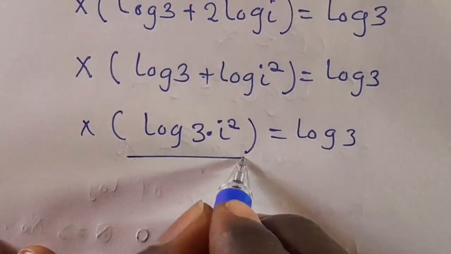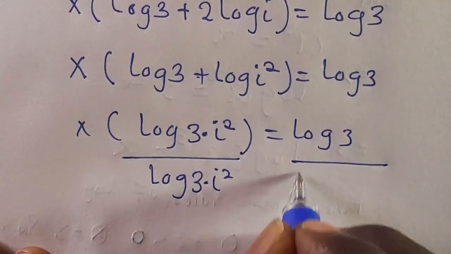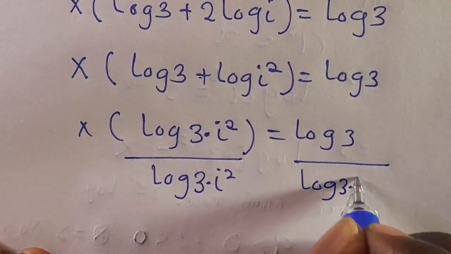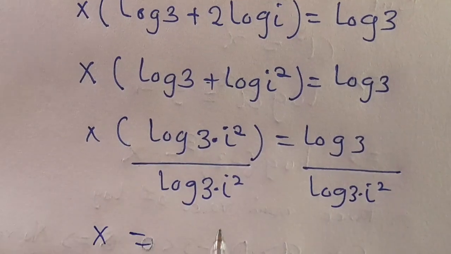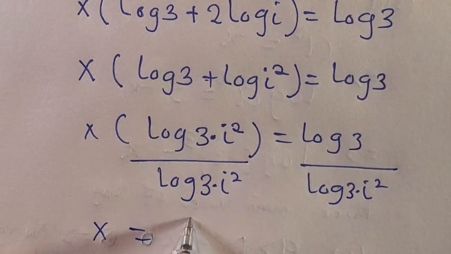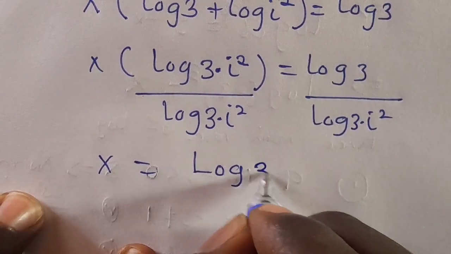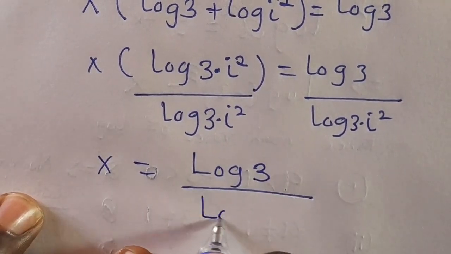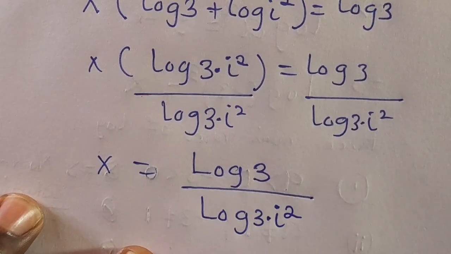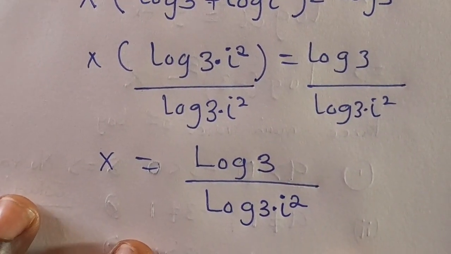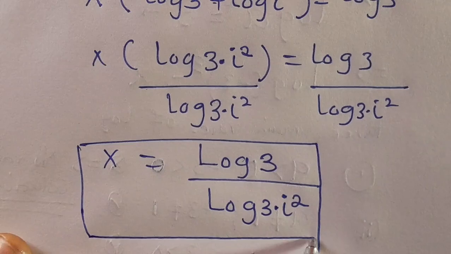By dividing through by log 3 i squared, we have our x to be equals log 3 divided by log of 3 i squared. So this is the final answer for the problem given to us in terms of complex solution.